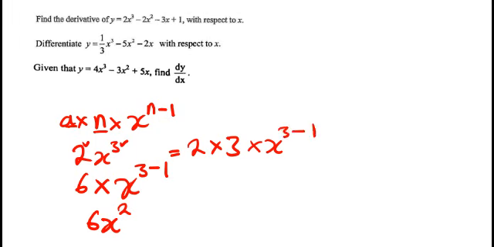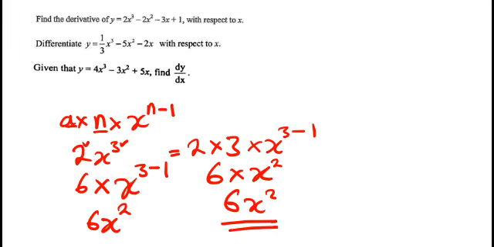So 2 multiplied by 3 is 6, multiplied by x, and then 3 minus 1 is 2. So 6 multiplied by x squared will be 6x squared. That is differentiation. Now, whatever we have done to 2x to the power 3, it must be done to each and every component in the equation.